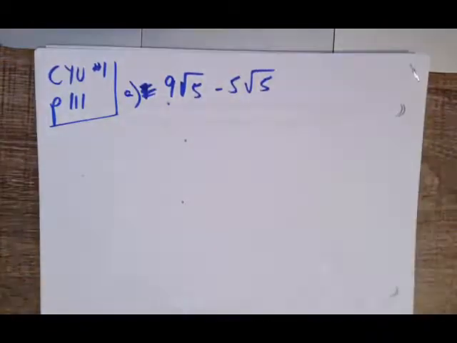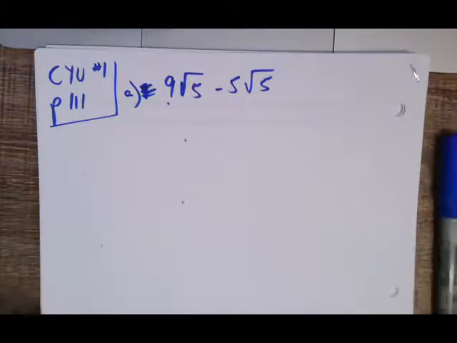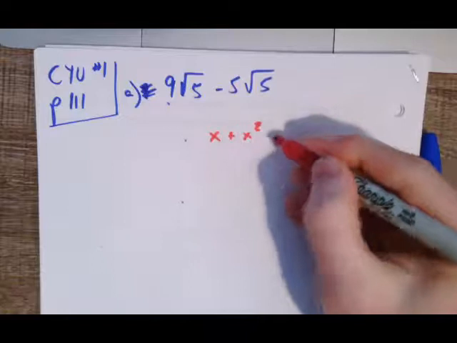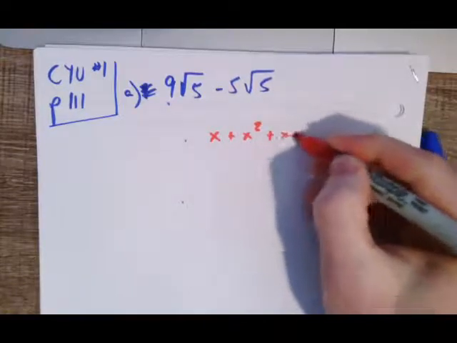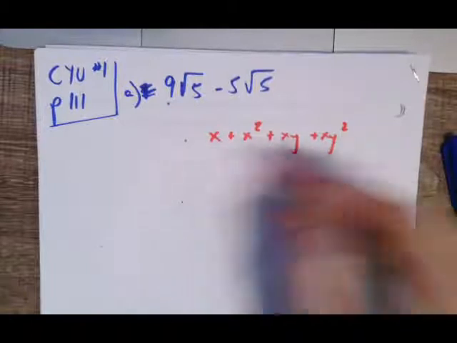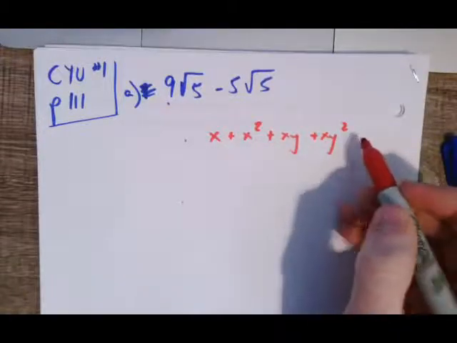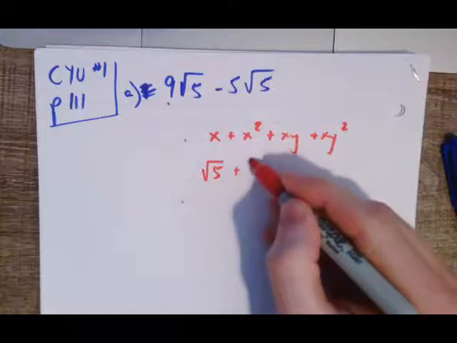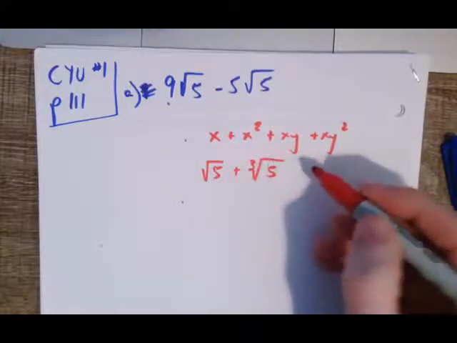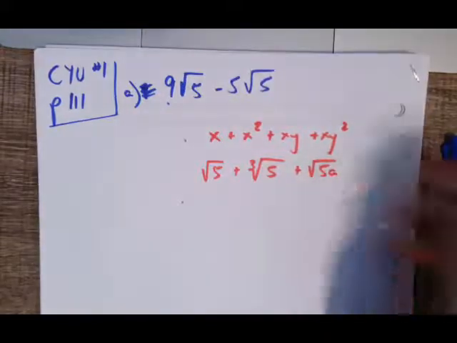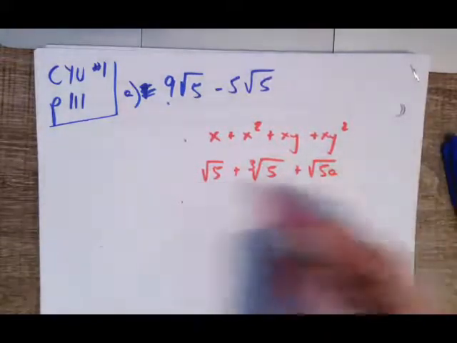Kind of like if I cannot combine x plus x squared or plus xy or plus xy squared, none of these are common. Same idea, like the root of 5 plus the cube root of 5 plus the root of 5a or whatever. None of these are common.